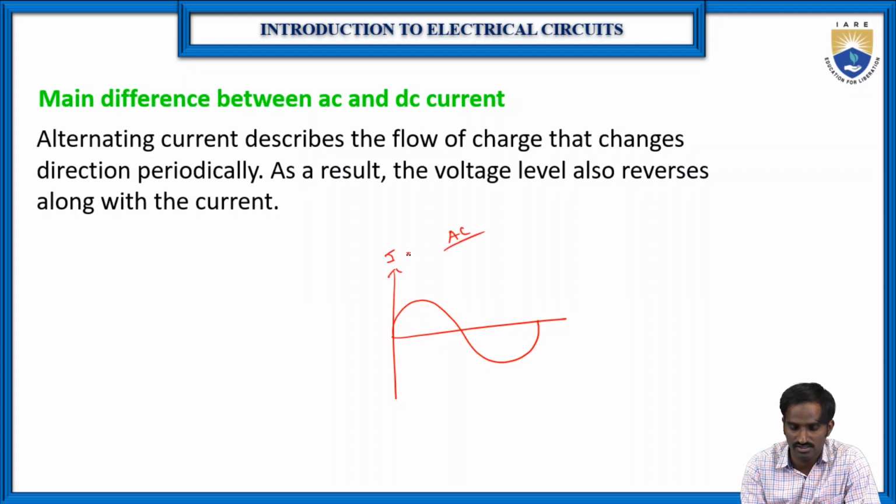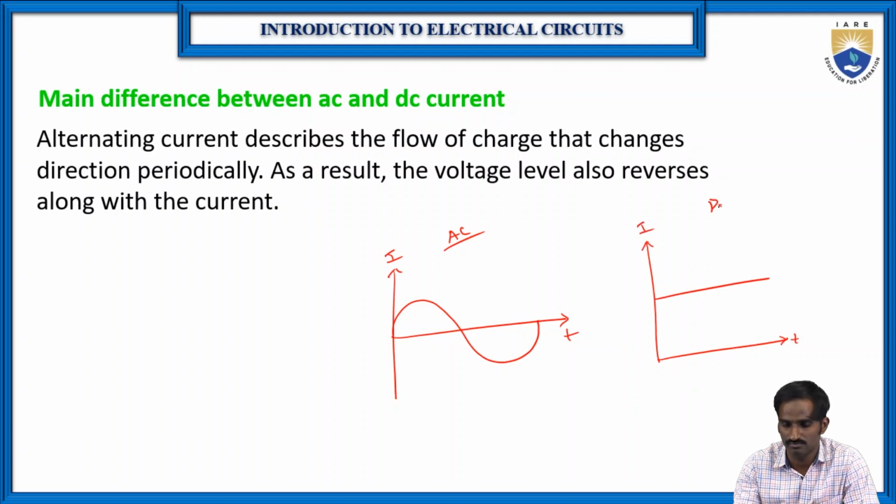Let us consider current I, and this is the time period. And for DC, again, let us consider this is current and this is time period. This is DC. If you observe the difference, in the case of AC, both the magnitude and direction of the current are changing with respect to time.